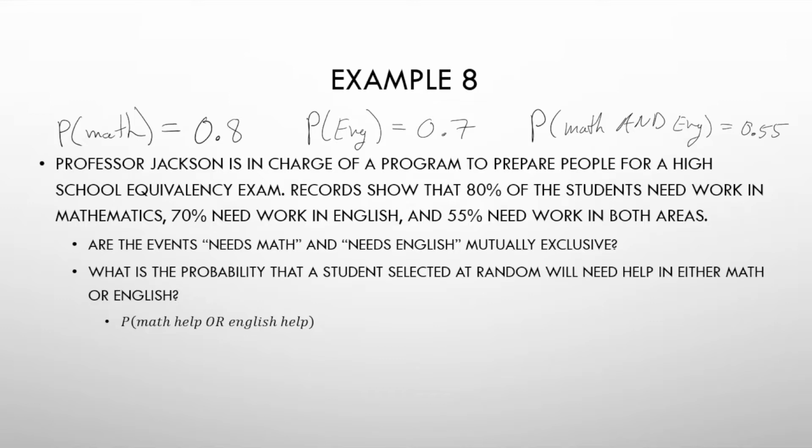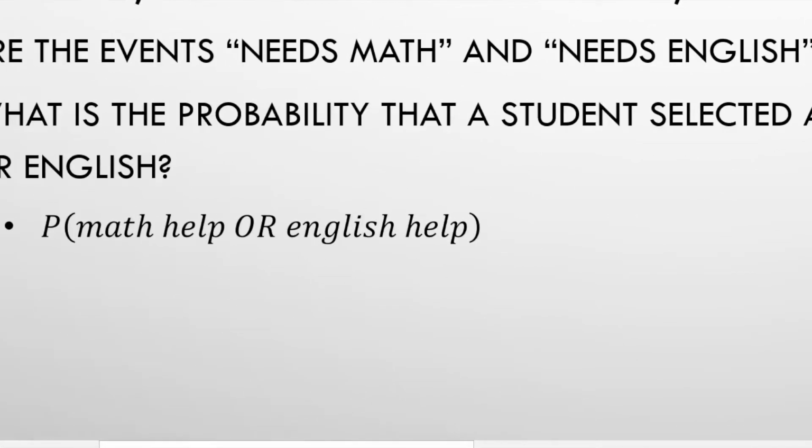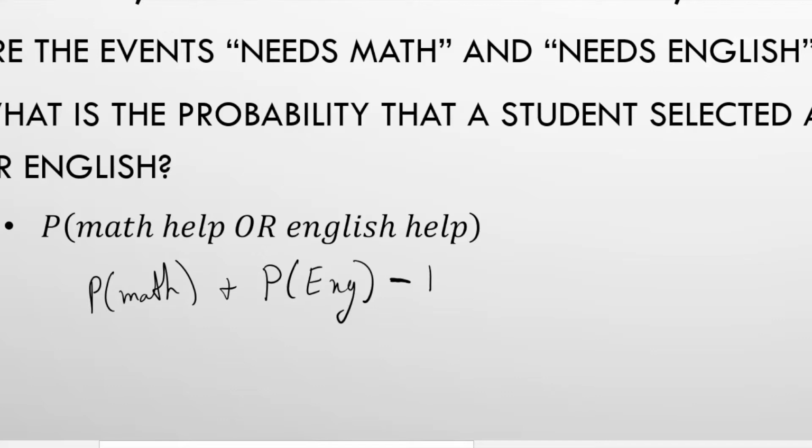All right, so what is the probability that a student selected at random will need help in either math or English? Okay, so we said they can occur at the same time. So if I want to formally write this out, this would be the probability of math. And I see an or, so I'm going to add plus the probability of English. And then again, the last one we talked about, we could have subtracted 0. Here we're just going to go ahead and throw in that part of the formula.